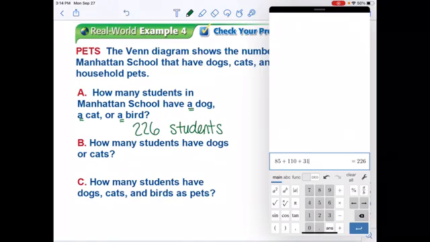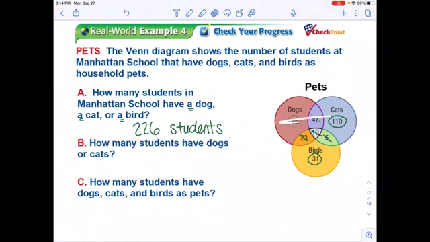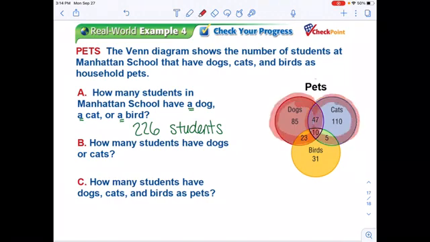The next one is another one of those or ones, but it says how many students have dogs or cats. That just means we're looking at the whole circle for dogs and the whole circle for cats. So we're actually going to end up adding more things this time because they could have both. They could also possibly have birds because it doesn't say but not birds.